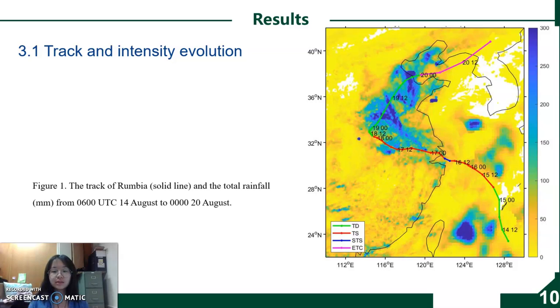After about 36 hours, Rambia tracked northeastward instead, and was weakened from tropical storm to tropical depression. Then around 1 day after, Rambia moved over the Bohai Sea and turned into extratropical cyclone.